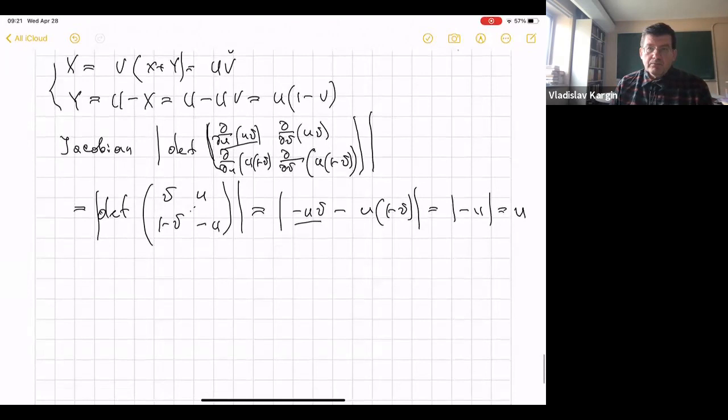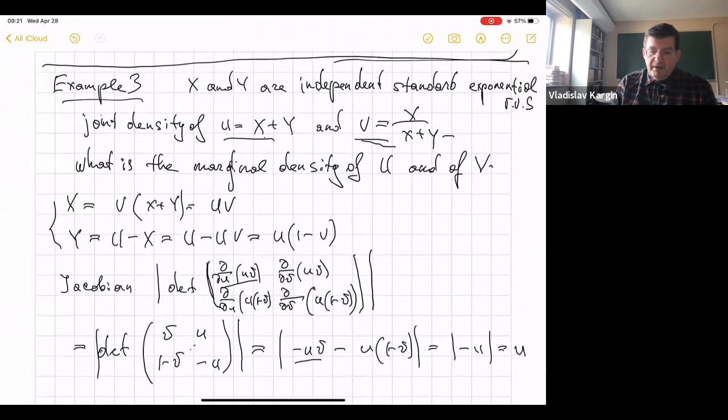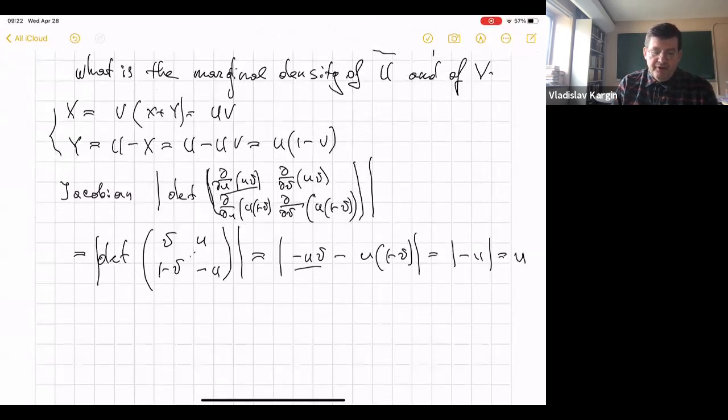After that, we need to figure out the joint density of X and Y, the original one, f of x and y.